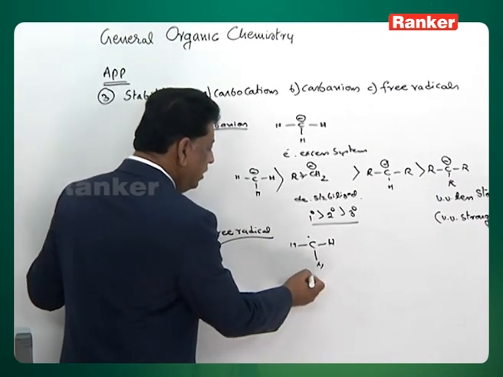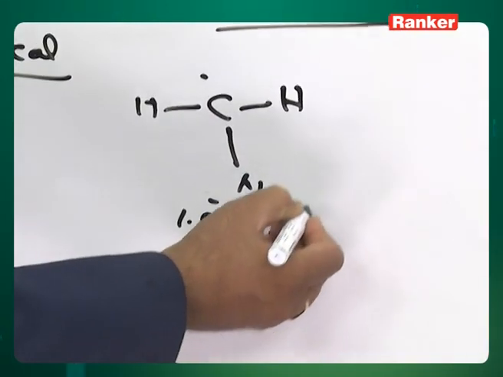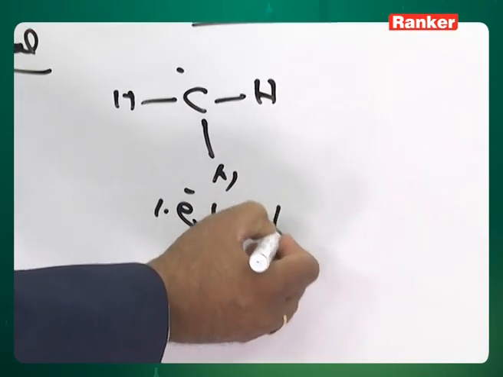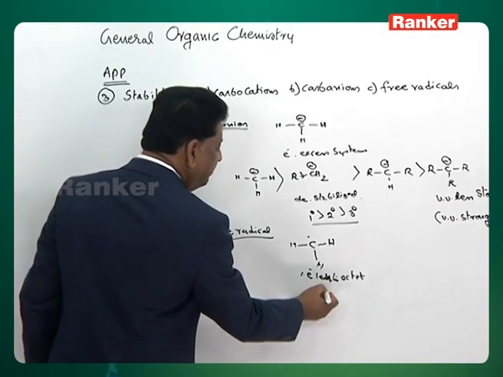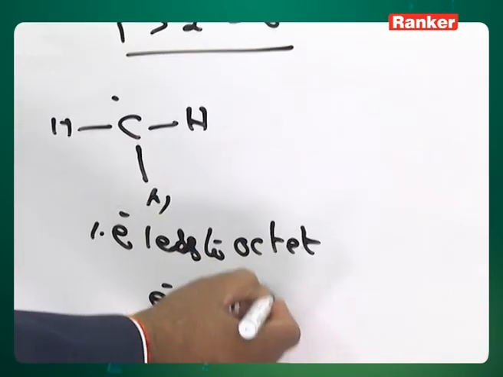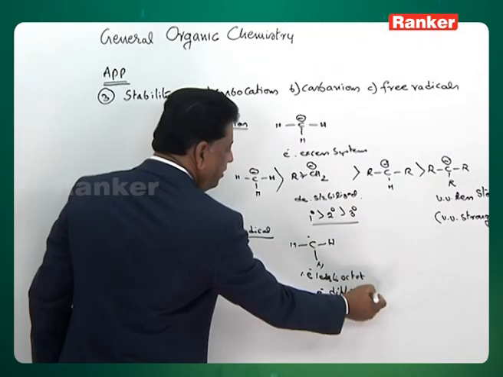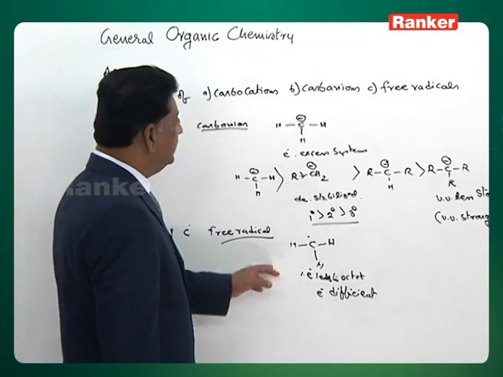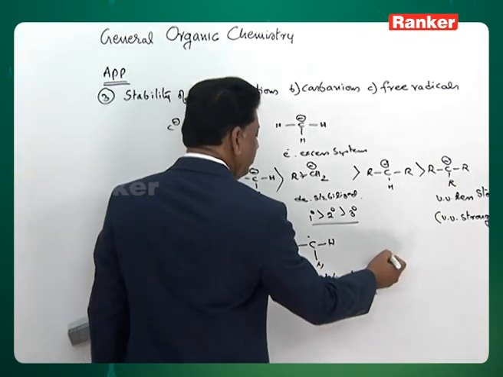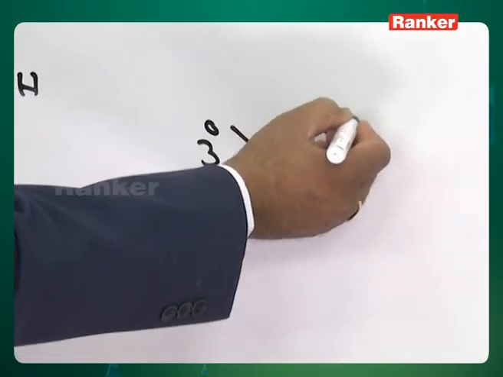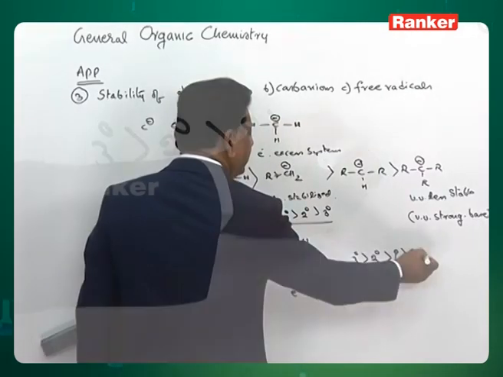So it is an electron deficient system. So once again, just like carbocation stability, 3 degree will be more stable than 2 degree, than 1 degree, than the only CH3 free radical.